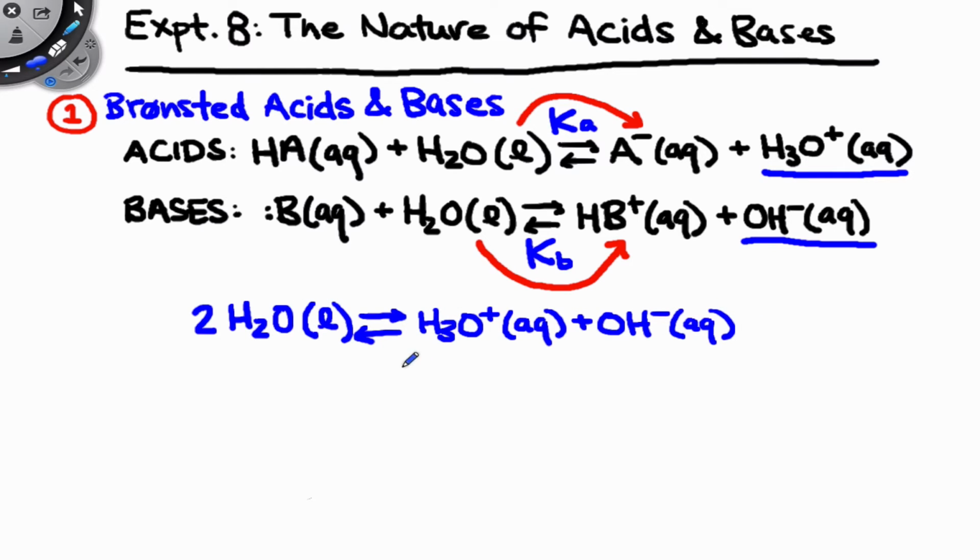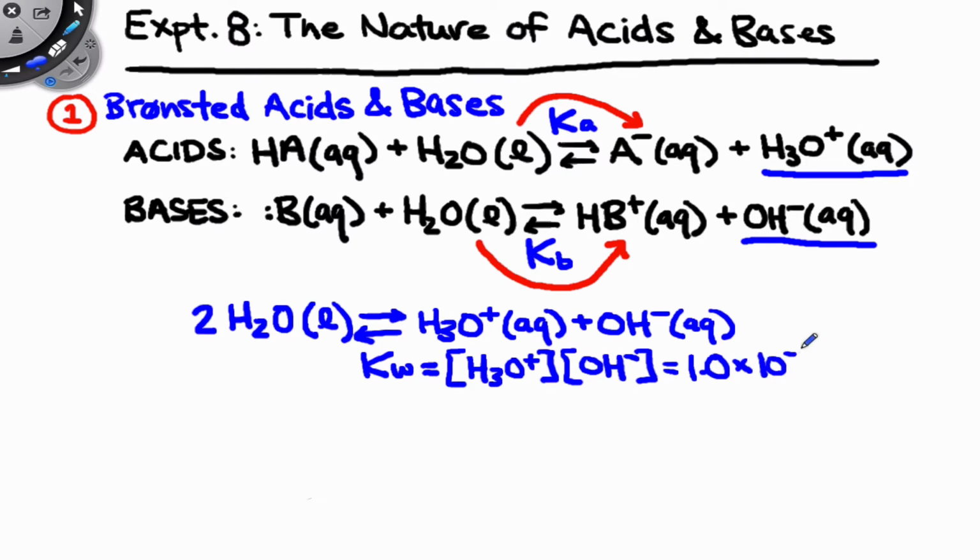This is a reversible process. There is a K value associated with it. It's known as Kw. If we think about the equilibrium expression for this, it's equal to the product of the H3O+ and OH- concentrations at equilibrium. The value of this at 25 degrees C, as you may be aware, is 1 times 10 to the negative 14th. So it's a very small K value, so this happens to a very small degree.